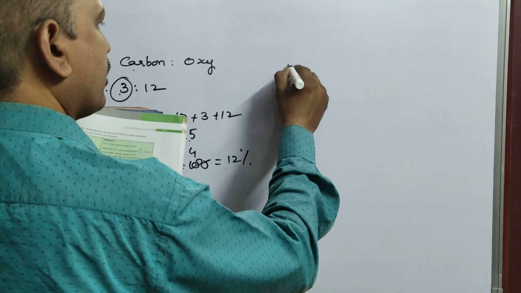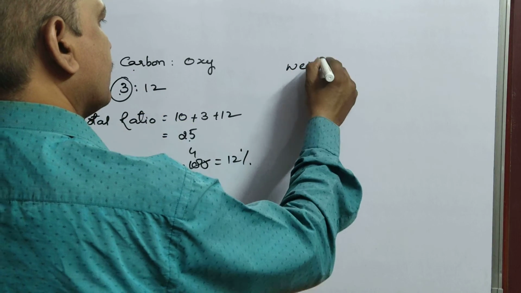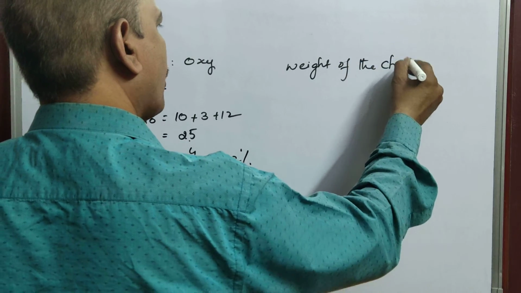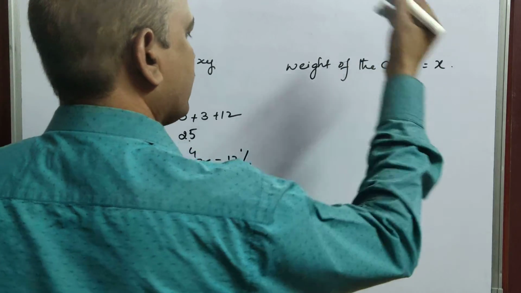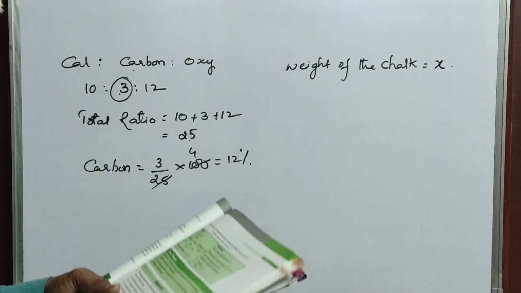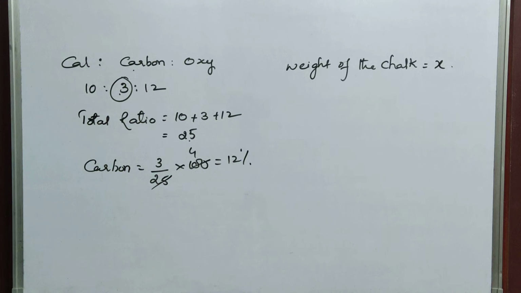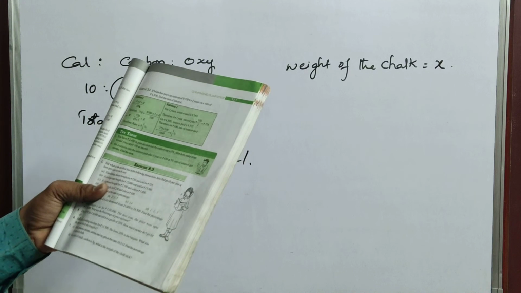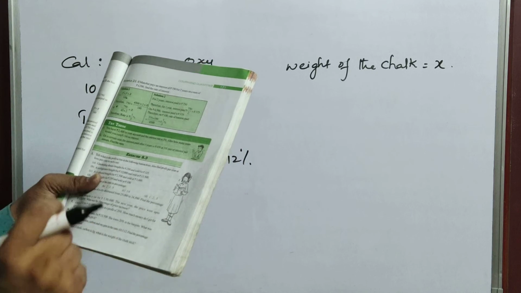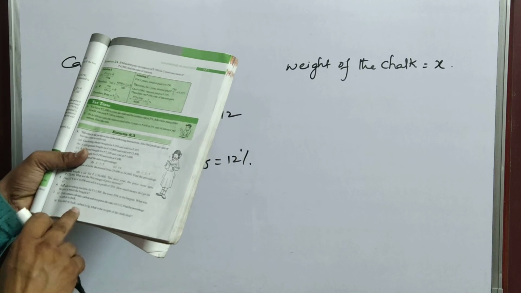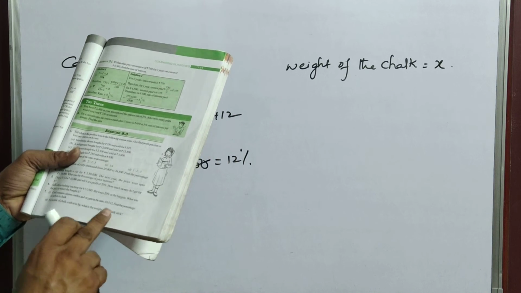So weight of the chalk equals X. Already we did this model. Suppose there is a stick of chalk. In that carbon is 3 g. What is the weight of the chalk stick?